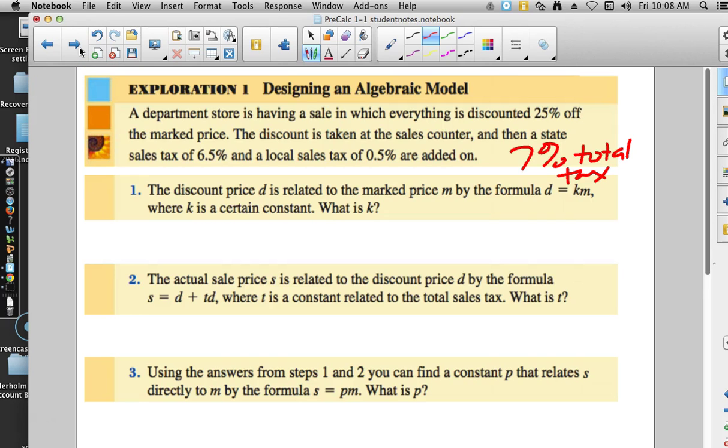The discounted price D is related to the marked price M by this little formula D equals K times M, where K is a certain constant. What is K? Here's what they're asking us. If we're not paying 25%, we care about what we are paying. So if we're not paying 25%, how much are we paying? 75%.